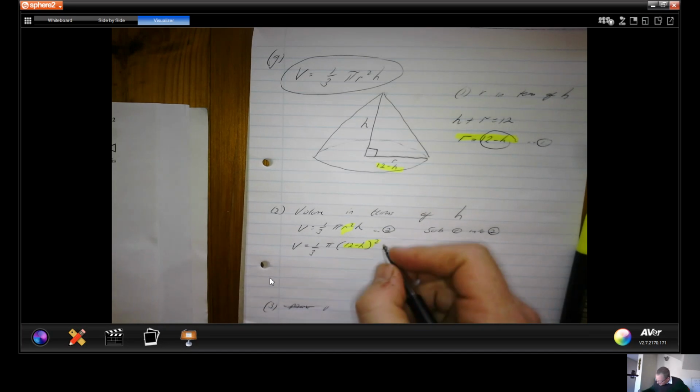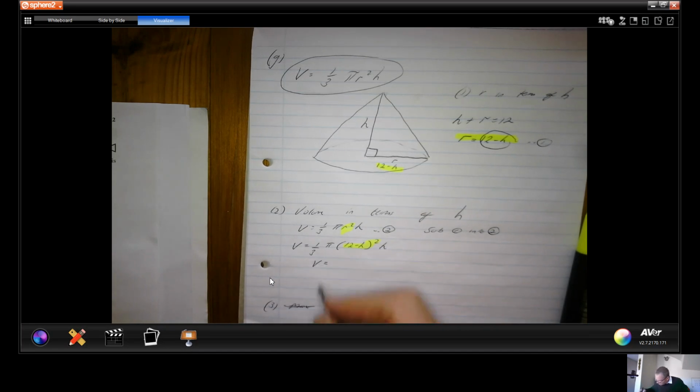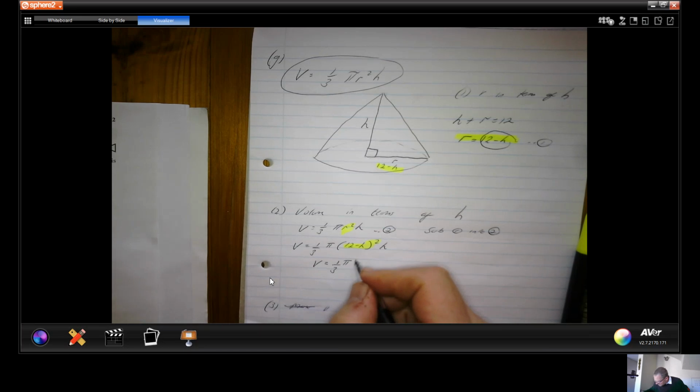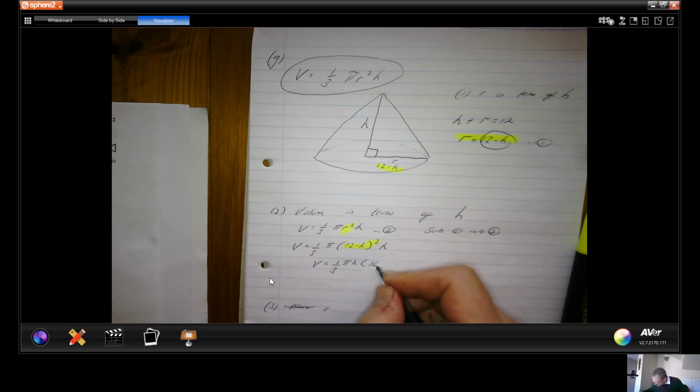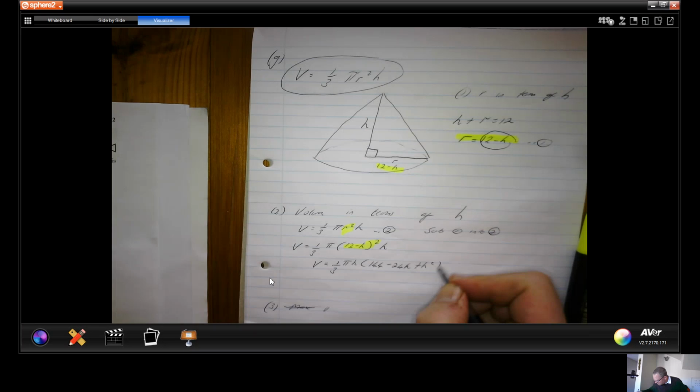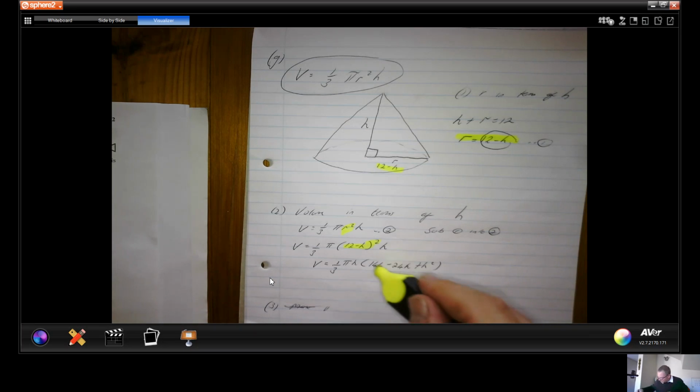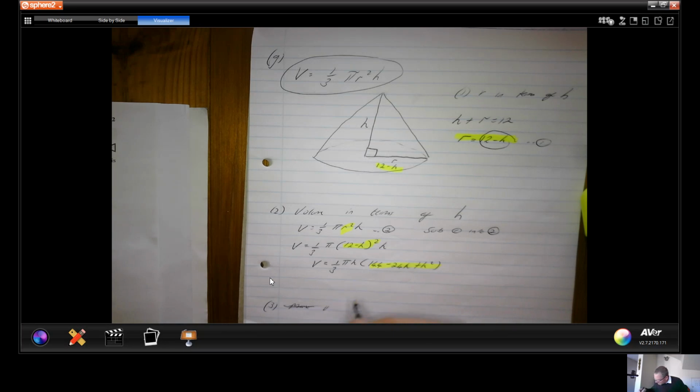So volume is a third pi h times 12 minus h squared, which squared out is 144 minus 24h plus h squared, and if I times that in, I get a third pi h into that.